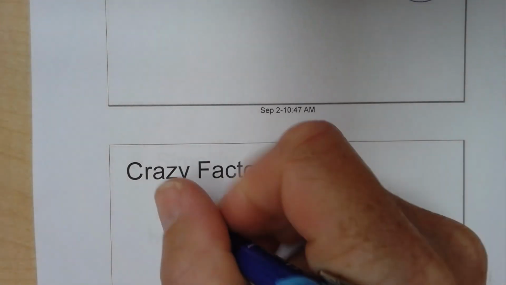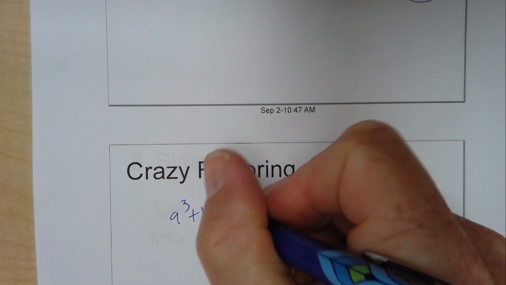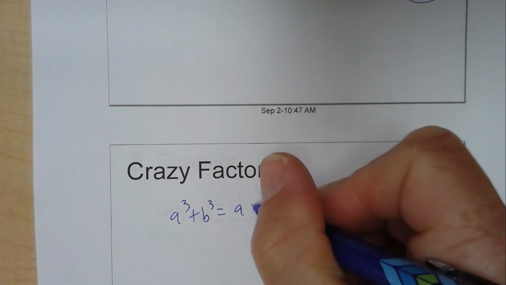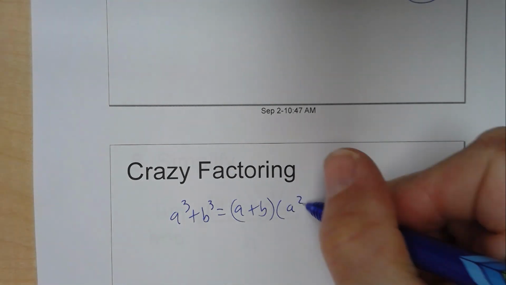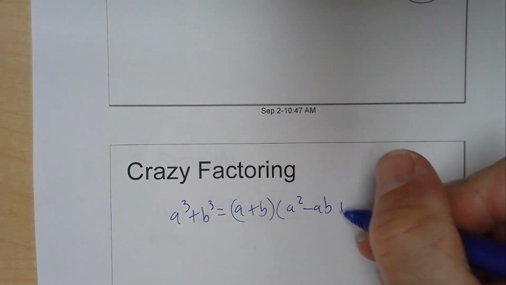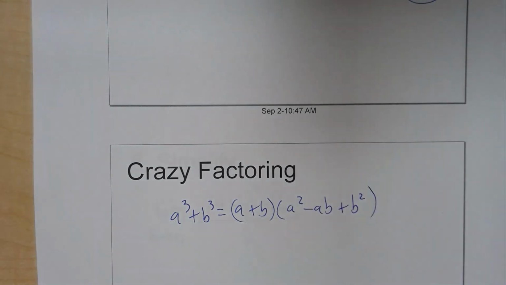Crazy factoring. There are factoring patterns that you may or may not remember running into. a cubed plus b cubed is the sum of two cubes. That's a plus b times the quantity a squared minus ab plus b squared.